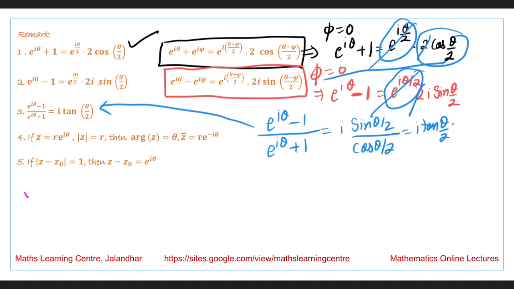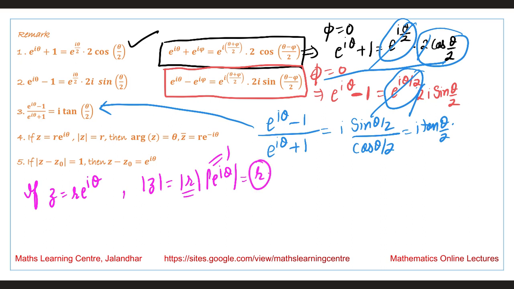Next, if z is equal to r e raised to the power iota theta, then mod of z is equal to mod of r times mod of e raised to the power iota theta. r is always positive and the value of this mod is equal to 1, so we get that mod z is equal to r, the argument of z is equal to theta, and the conjugate of z will be r e raised to the power minus iota theta.